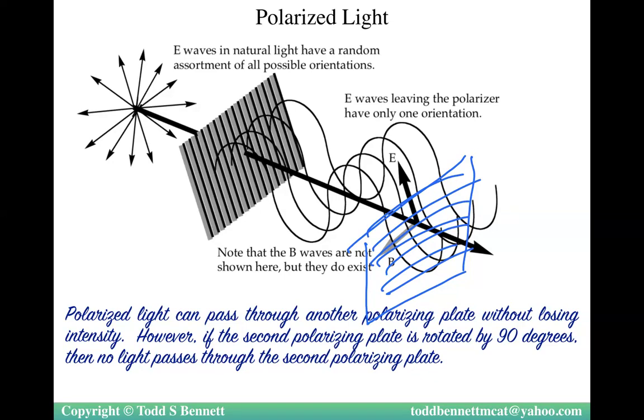So two perpendicular filters can get rid of all of the light. Basically, polarized light passes through another polarizing plate without losing intensity if it's in the same direction. If, however, it's 90 degrees perpendicular to the first one, then it can filter out everything. Okay, so that's polarized filtering. Hopefully that makes sense.